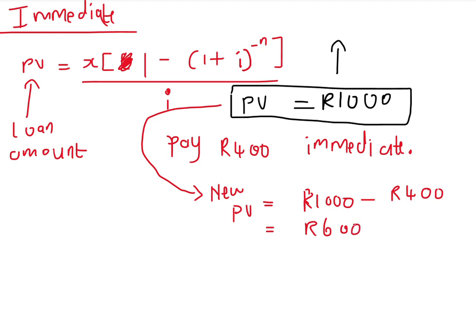So this is the amount which I actually took from the bank. As a normal person, you wouldn't do this. You would just go to the bank and say, can I please have 600 rands, instead of taking a loan of 1,000 and then paying 400 immediately. You will say, no, let me just ask for 600.